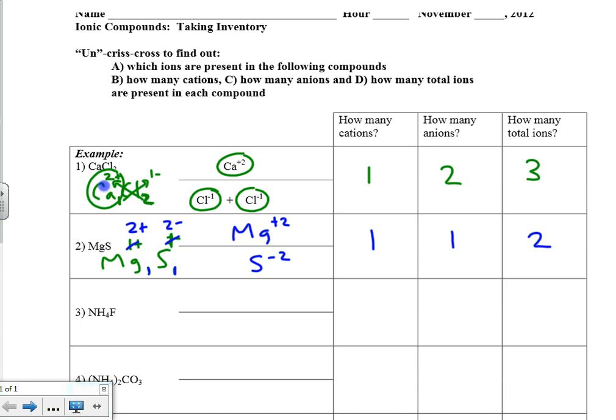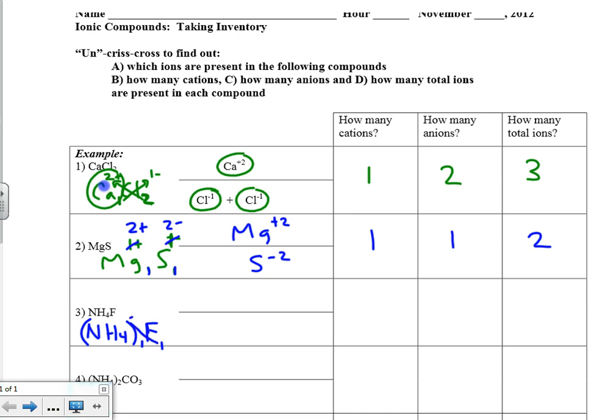In our third example, this is ammonium fluoride. If I rewrite this, here's where you need to recognize that ammonium is its own ion, and I'm going to put parentheses around it to help us see that. What this effectively means is there's not 4 ammoniums, there is 1 ammonium ion and 1 fluoride ion.